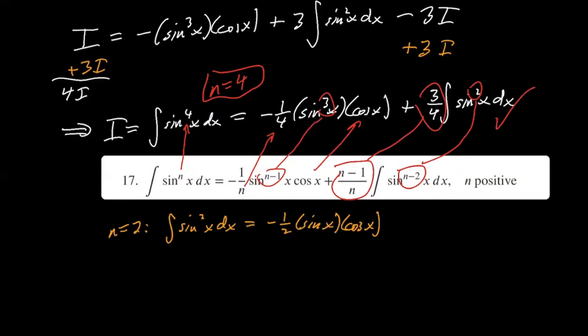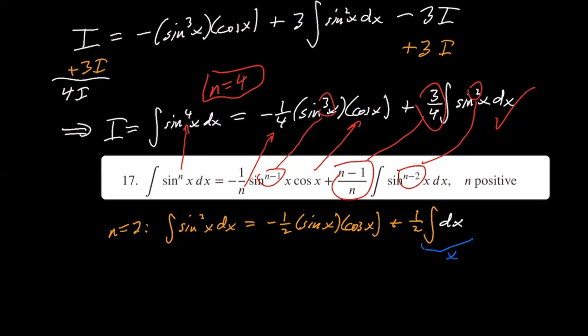Plus n-1 over n, but n is 2, n-1 is 1, so that's +1/2 integral sine to the 0 power. When we say that, what mathematicians tend to do is just say something to the 0 power is 1. So that's really just a dx right here. And so this term right here just becomes x. Okay.